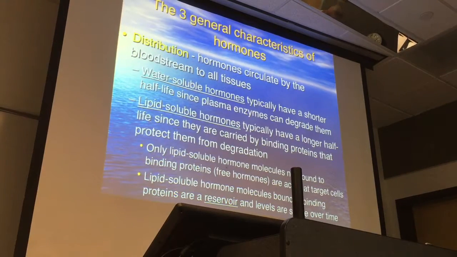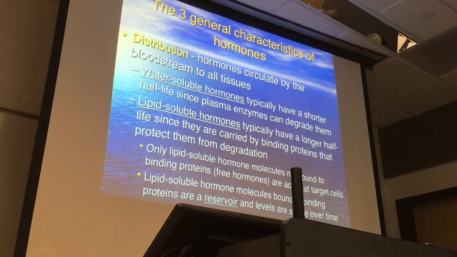There are 2 classes of hormones. A large number of hormones are considered water soluble, and you know what that means. The other are lipid soluble. Those 2 types of hormones have different ways of getting carried in the bloodstream. Water soluble hormones can float free.